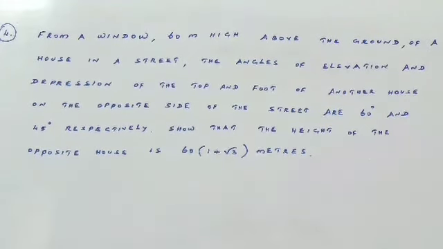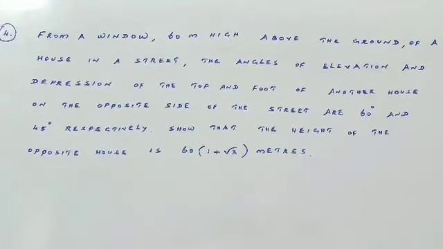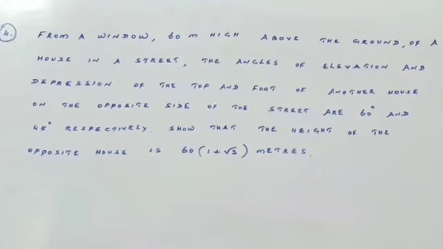Now one house is situated on the opposite side of the street, and in between a road is there. From one house, through the window, the other house is looked at by a person at an angle of elevation of 60 degree.